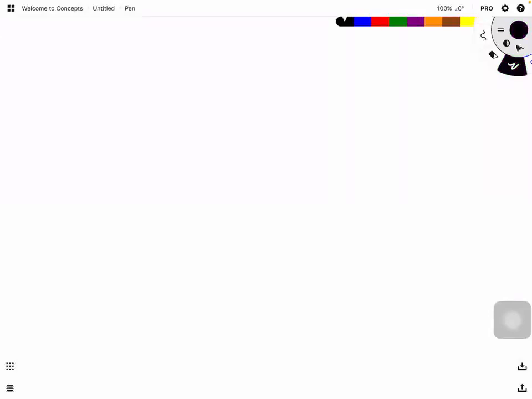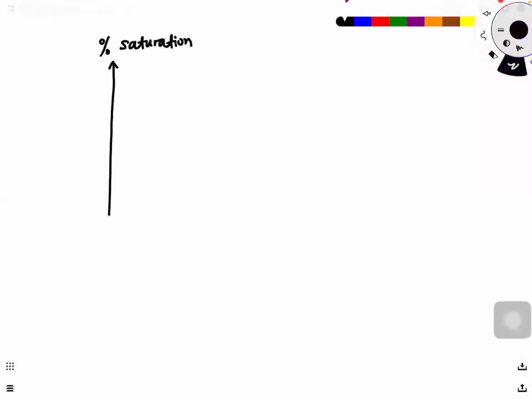So students always get confused about this, the Bohr effect. Why? Because if you look at the graph here again, percentage saturation versus PO2, you have this sigmoid curve.